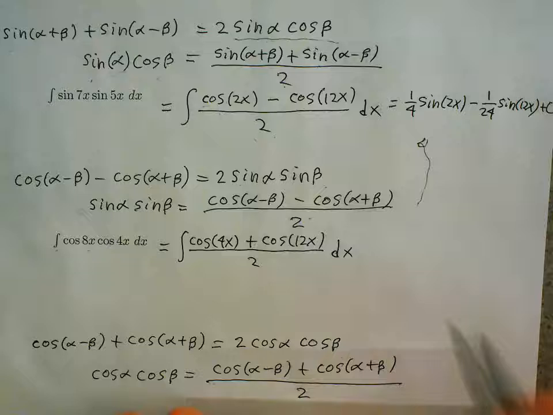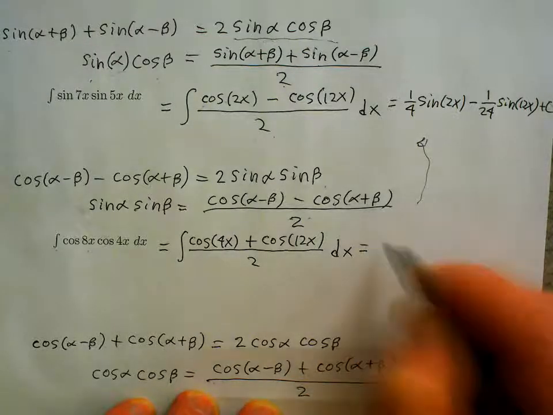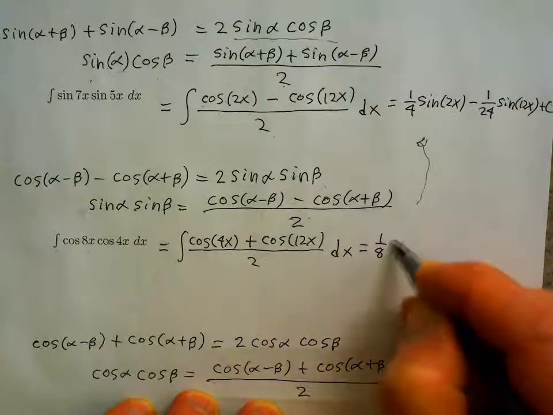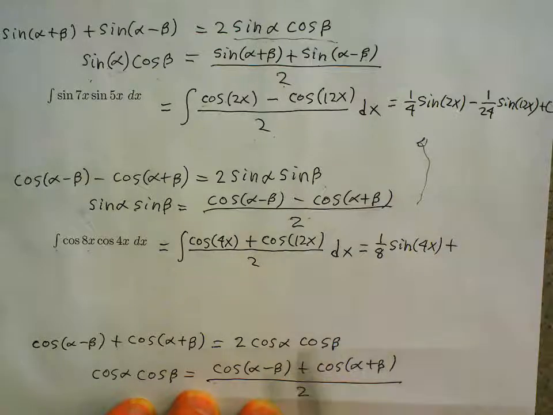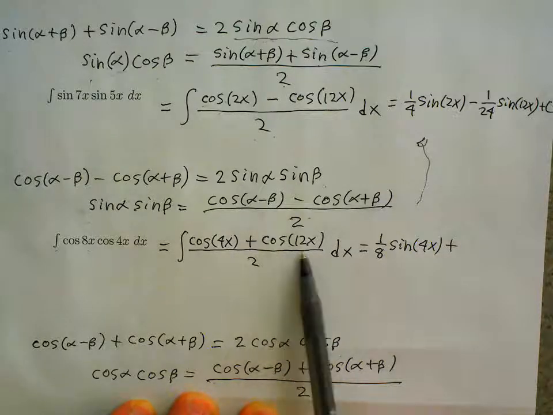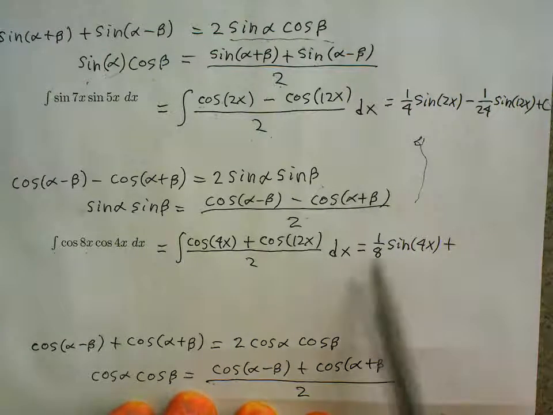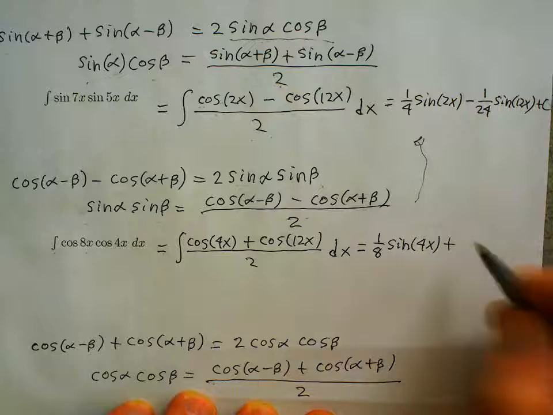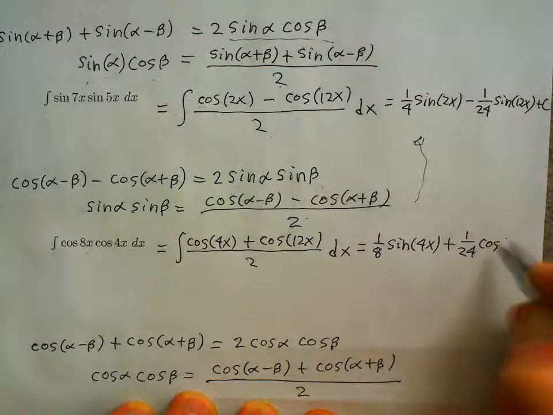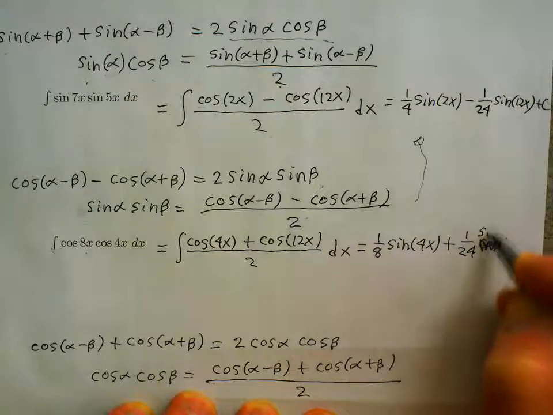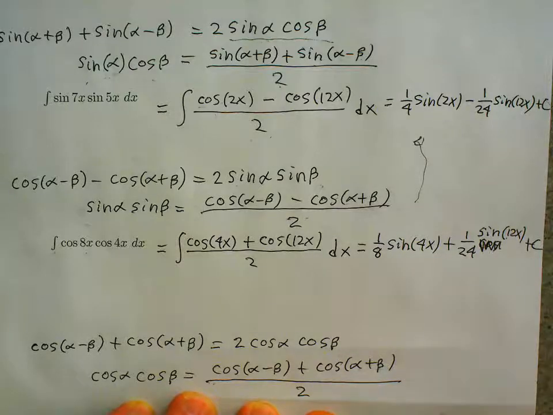And then 1/4 sine of 4x times 1/2 is 1/8 sine of 4x. And then an antiderivative of cosine of 12x is 1/12 sine of 12x. When we multiply that by 1/2, we'll get 1/24 sine of 12x. Okay.